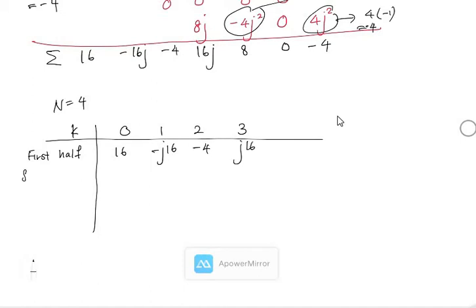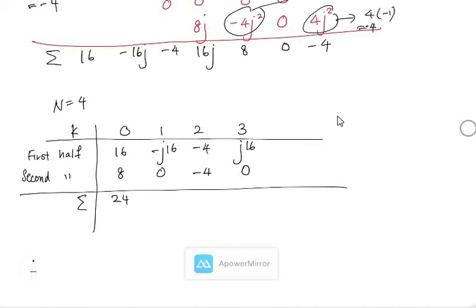The second half I have 8, 0, negative 4, and then I put a 0 pad and sum up.